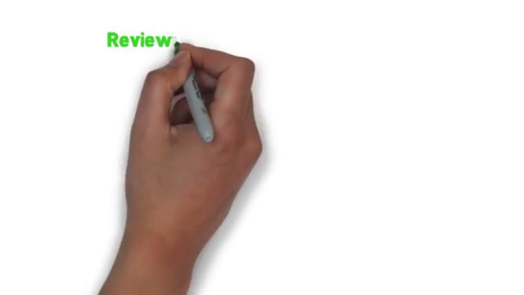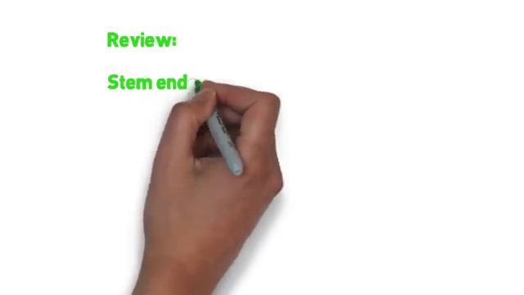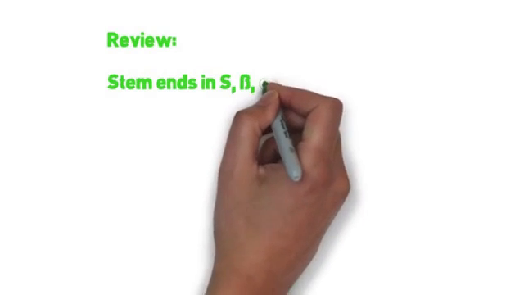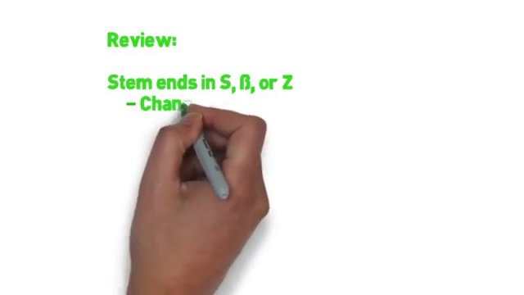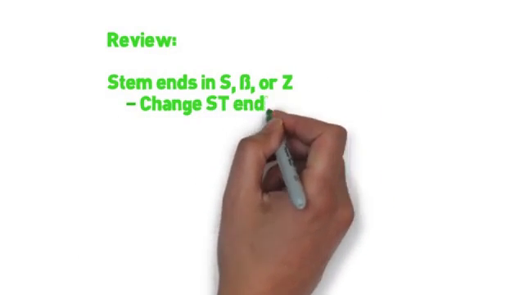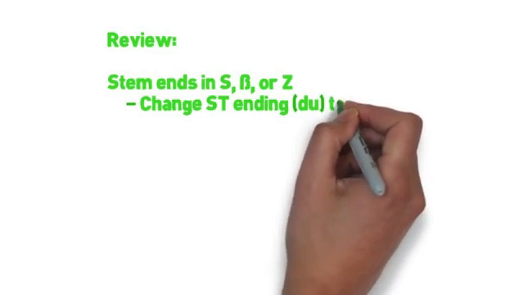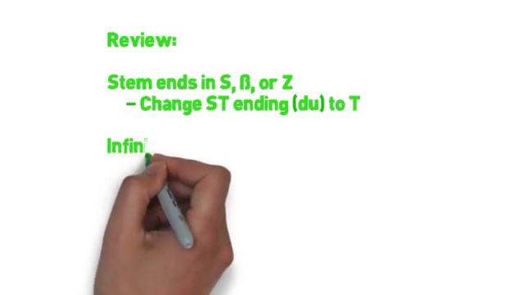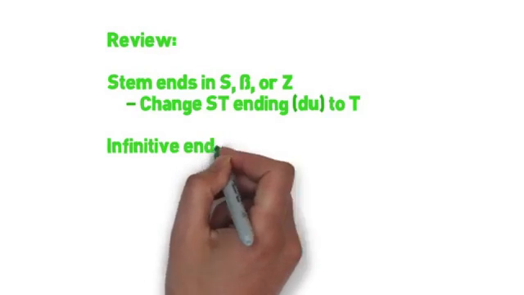Let's review. When conjugating a verb, if the verb stem ends in an s sound, so in other words an s, a z, or an ß, then you can only add a t in the du form, not the usual st ending.